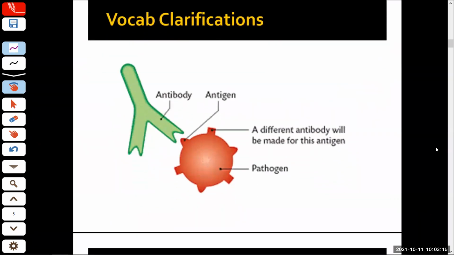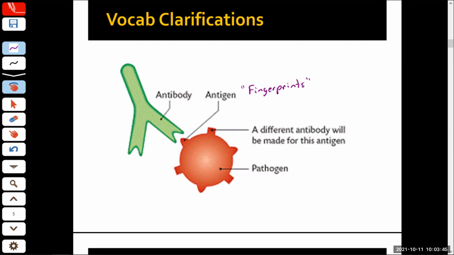Before we get too crazy with it, just clarifying a little bit. I kept using the term pathogen. Pathogen refers to anything causing disease. It could be fungus, bacteria, or a virus. Pathogen is just a blanket term, an umbrella. On top of everything, you have antigens. These are specific kinds of fingerprints that are unique to said pathogen.